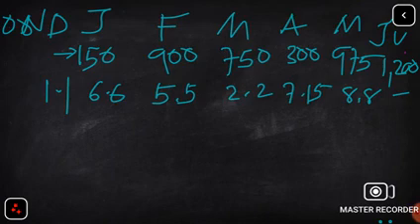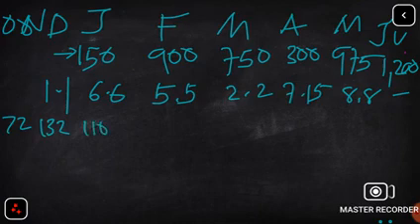We say 20 kwacha, so 1.1 times 20, we'll have 22 rather. So we'll have 22 in October. In November we'll have 132. Then December we'll have 110. I'm going to arrange this nicely when I create my final cash budget.